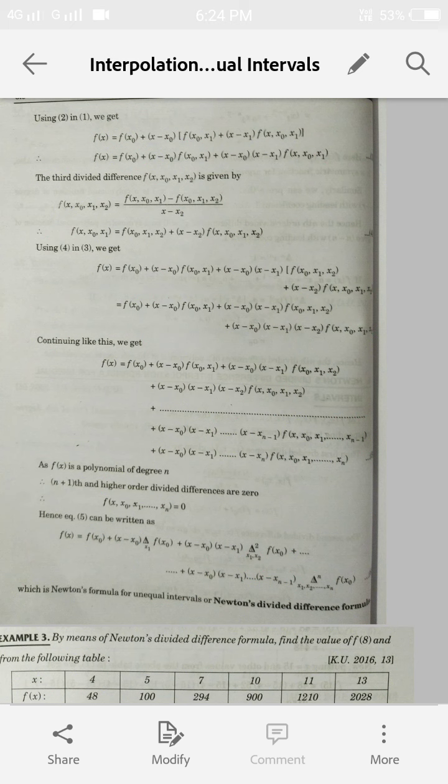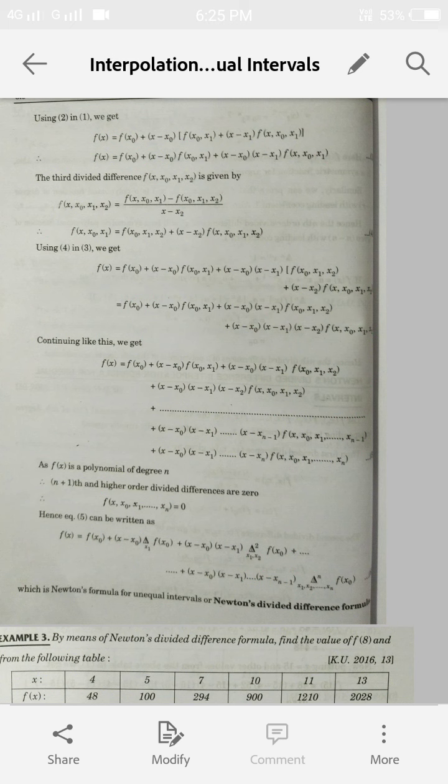Here we see that f of x is a polynomial of degree n. So its n plus 1th and higher order divided difference will be 0. So the last term of this expression becomes 0. Now we are left with only n terms, and these are f of x0 plus x minus x0.